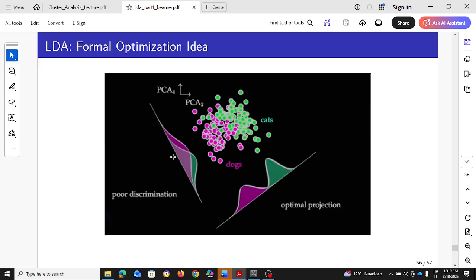So this line is very poor. Okay, but instead, if we project the dogs and cats here, what do we have? Now we have a clear discrimination here, right? If they overlap, it means poor discrimination; here they look separate.